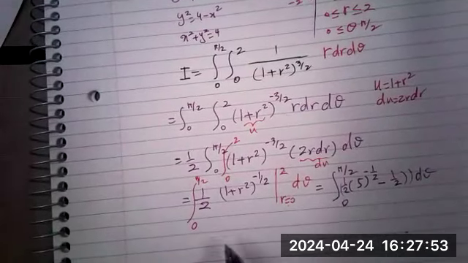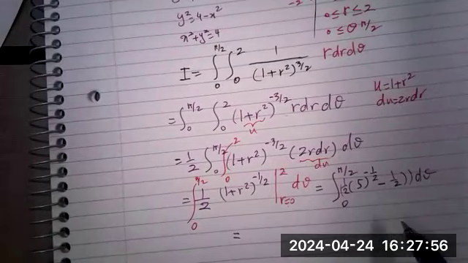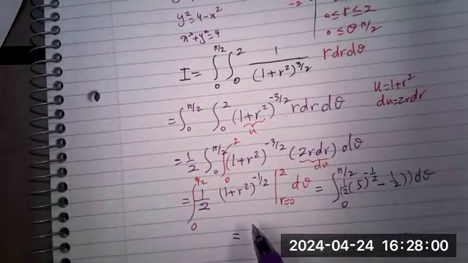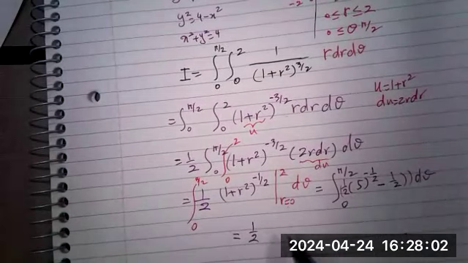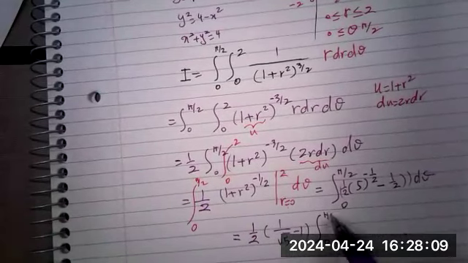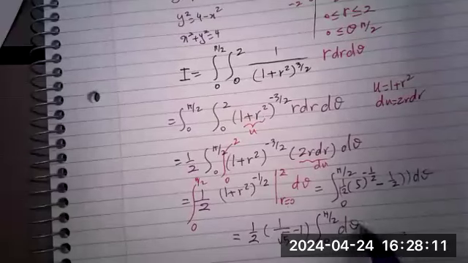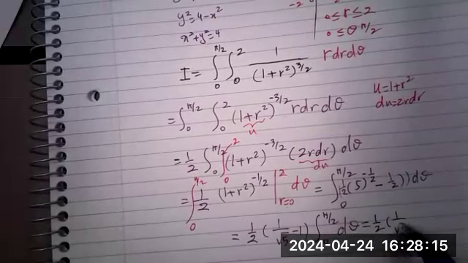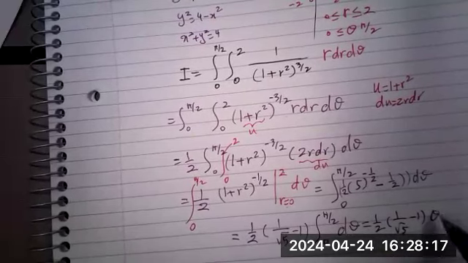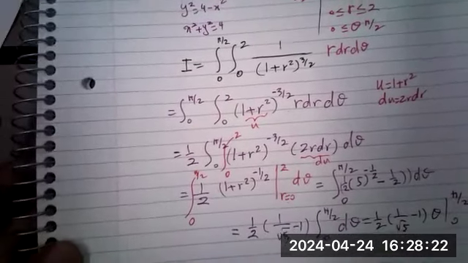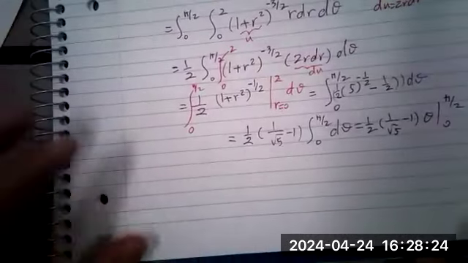So basically, this is going to be 1/2 of (1 over radical 5 minus 1), integral from 0 to pi half d theta. So it's going to be 1/2 times (1 over radical 5 minus 1) theta from 0 to pi half. If you substitute the pi half, that gives you the final answer.